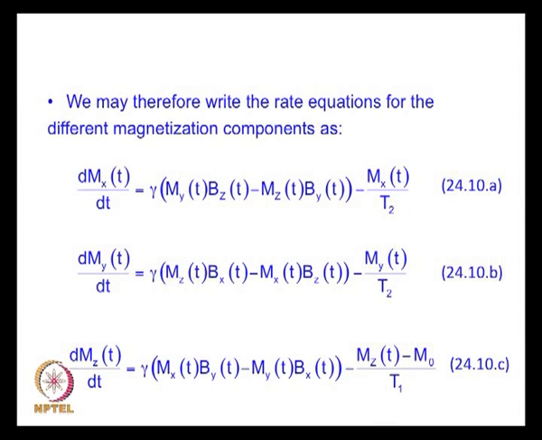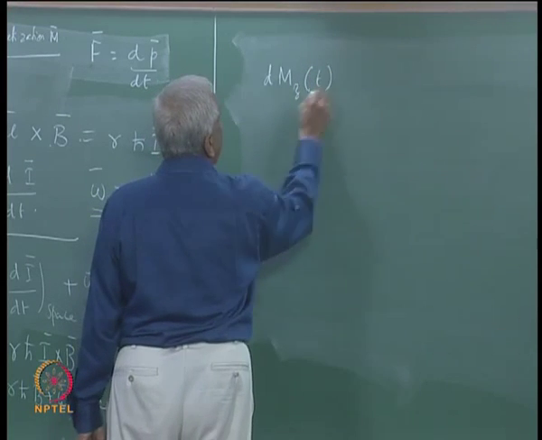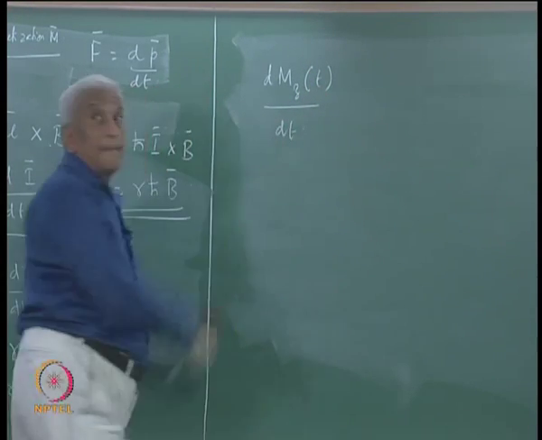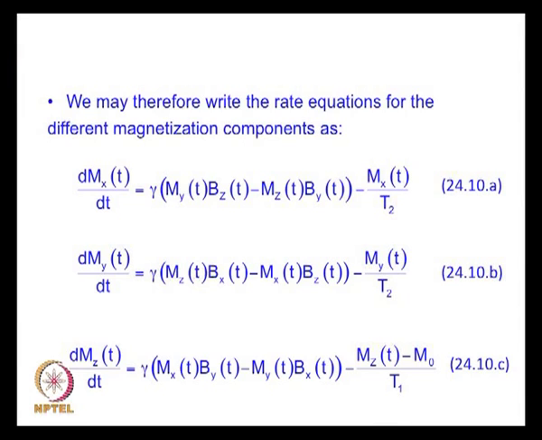So, we will write the time rate of change for the different components of the magnetization. This will be by the torque equation, the z component of the cross product, and then minus. So, this is the time rate of change according to the spin lattice relaxation time, and similar equation for dMx, the transverse magnetization component, Mx or y.